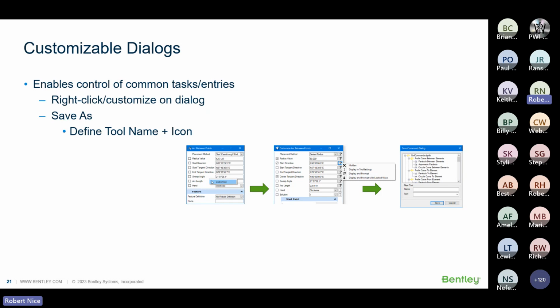So you can actually customize the dialog boxes to suit. Some of these are already done. We have arc between points, then arc between with just arc, for instance, and an arc with spirals. Well, all that is, is the arc between with the spirals just turned off. So you can do that yourself if you want to. Again, that would live inside the workspace. I haven't done any of these yet, but that's something we may think about in the future.